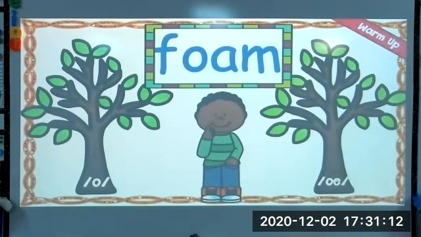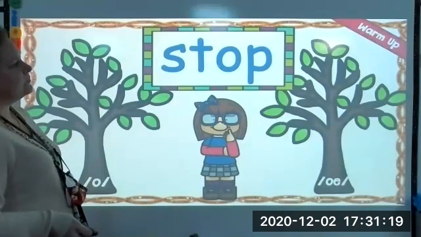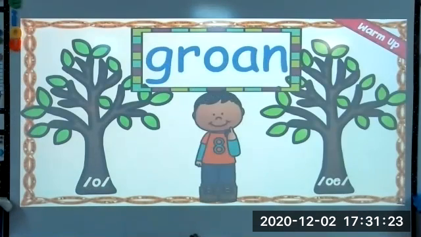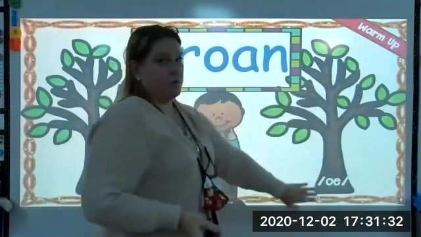It should go on the O tree. What about the word stop? Where should stop go? It's going to go on the aw tree. And the last one is grown. Where should the word grown go? That's right, it should go on the O tree.